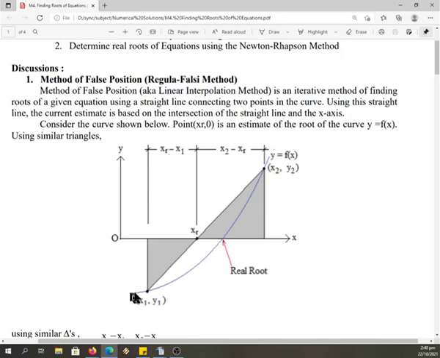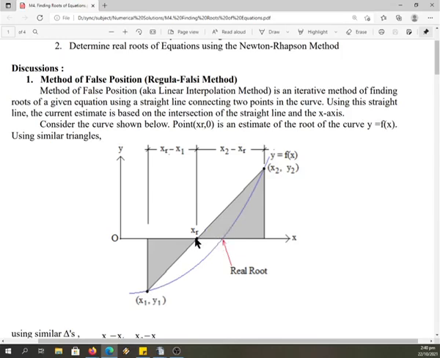Suppose that this is a given curve. The blue line represents the given curve, and this is actually the real root, which is hard to determine. We can use the FPM or false position method to approximate this root.